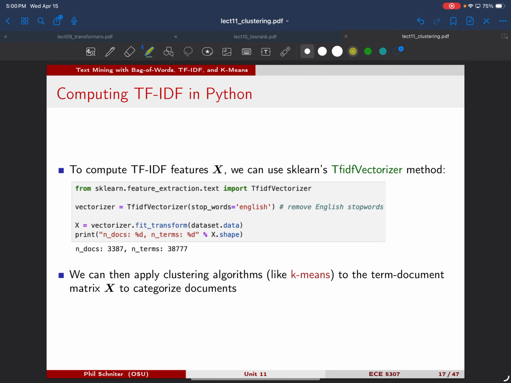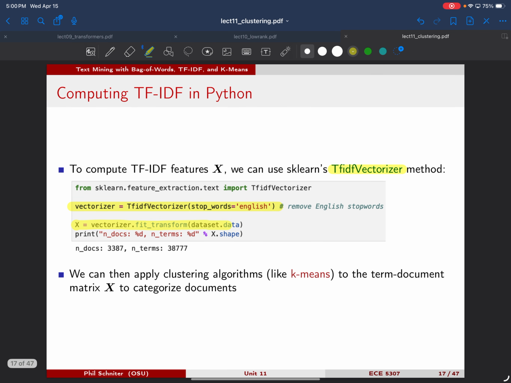All right, so how do we do this in Python? They have this nice method, the TF-IDF vectorizer. Super easy to use. You just instantiate it, you tell it which language the stop words come from, and then you just do fit transform on your data set, and it computes this matrix X. And in our example, you can see that the number of documents is 3387 and the number of terms is 38777.